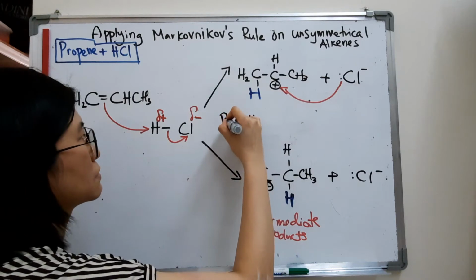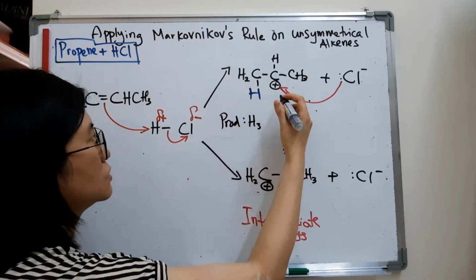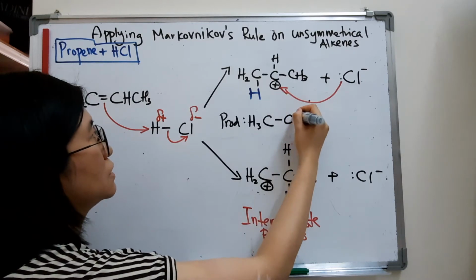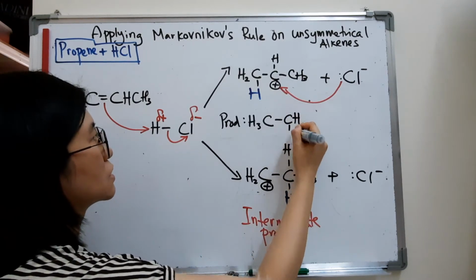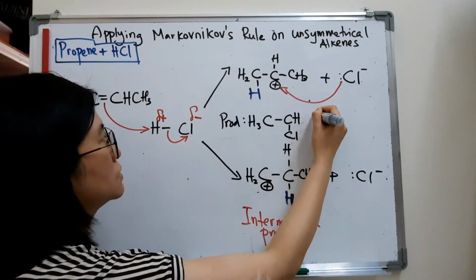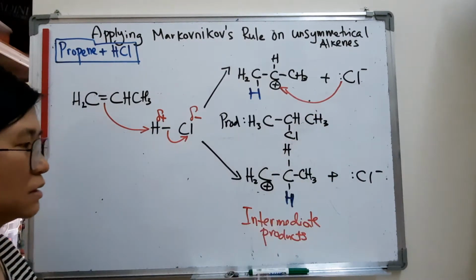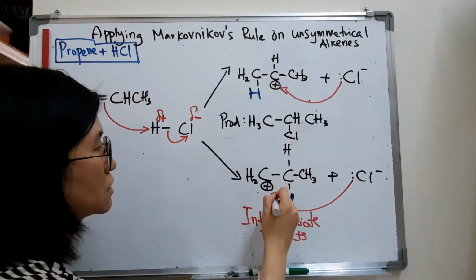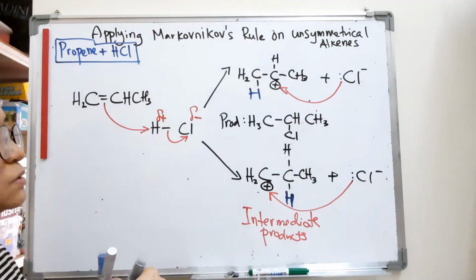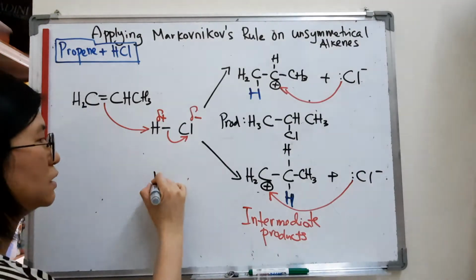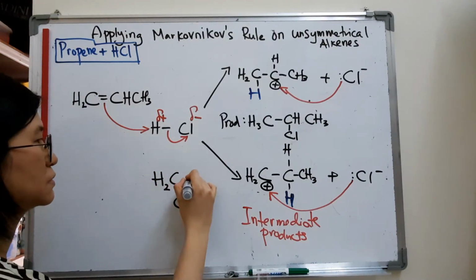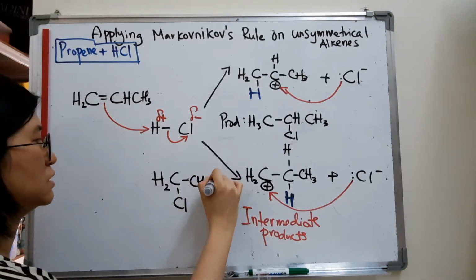The product would be CH3CHClCH3. And if Cl attacks from here, my product would be H2CClCH2CH3.